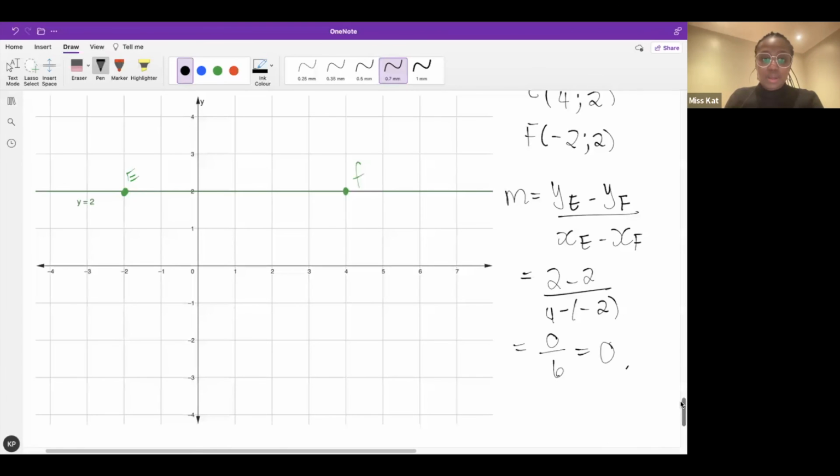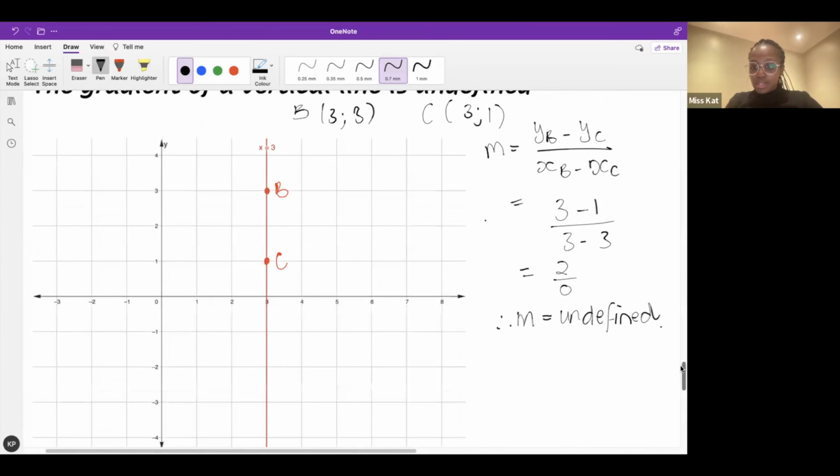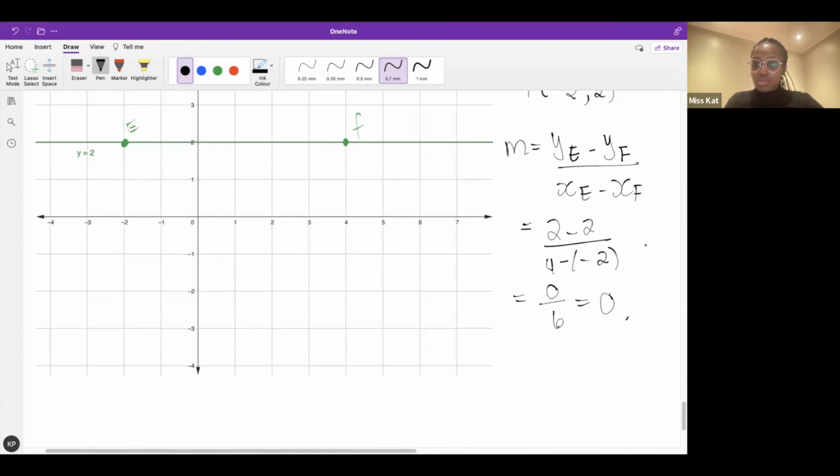Because I thought it means the same. Undefined means you divide by 0. Look here. Where's the 0? Is it in the numerator or the denominator? Denominator. Wonderful. Where's the 0 here? Is it in the numerator or the denominator? Numerator. Do you see the difference?